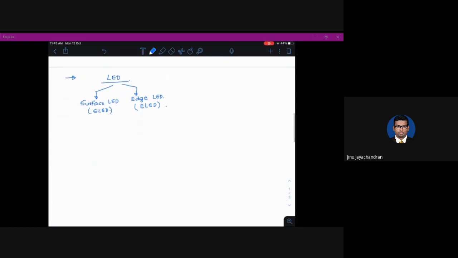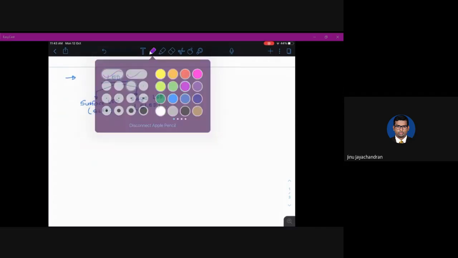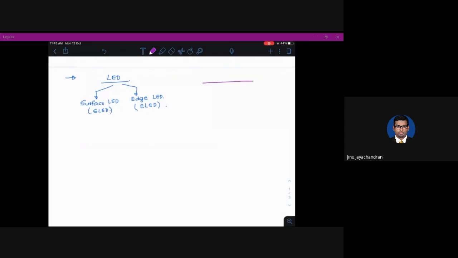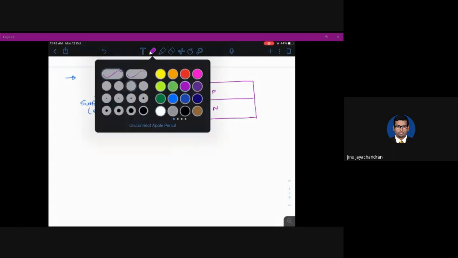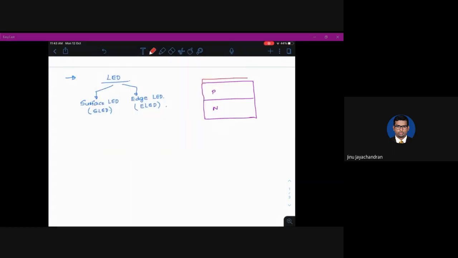Okay, so we said that you have the PN junction. There's a P-type semiconductor, there's an N-type semiconductor, and then there's a metallic contact here so that you can connect it to some kind of source which will supply the current.